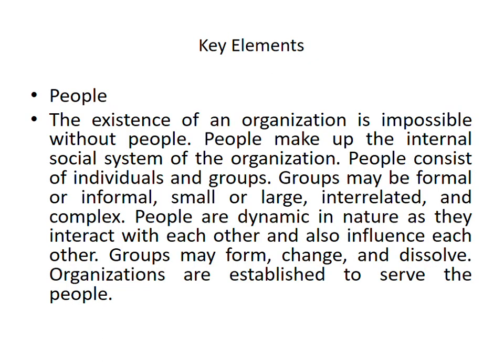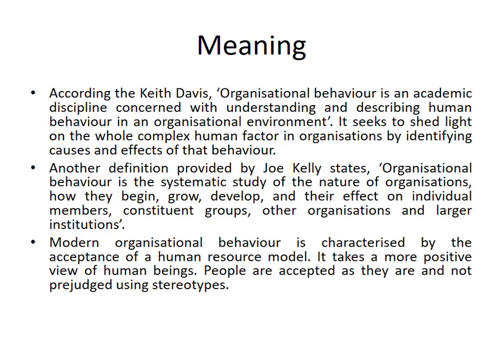When we discuss the key elements of organization behavior, before taking up that, I would like to discuss the brief characteristics of OB. Why people behave in a particular way, why one person is more effective than the other, why one group is more effective than the other.